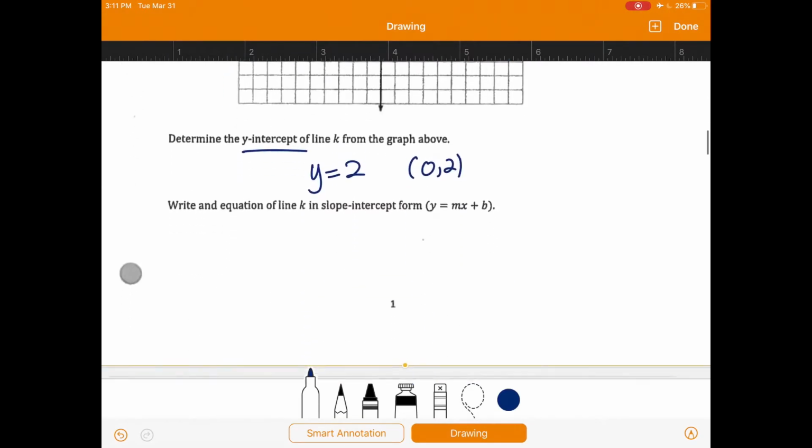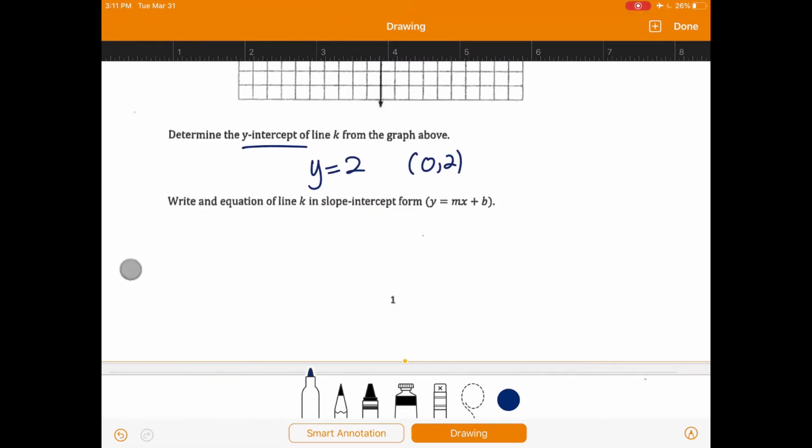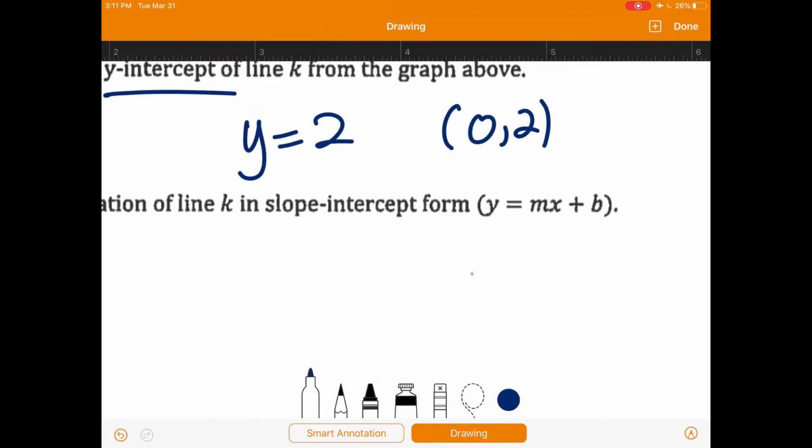Okay. The next part, it says we're going to write the equation of the line. So everything that you've done up to this point has been the slope-intercept form. So that's y equals mx plus b. It's called the slope-intercept form because the two things that you're plugging in are the slope and the y-intercept. The slope is m and the y-intercept is b.